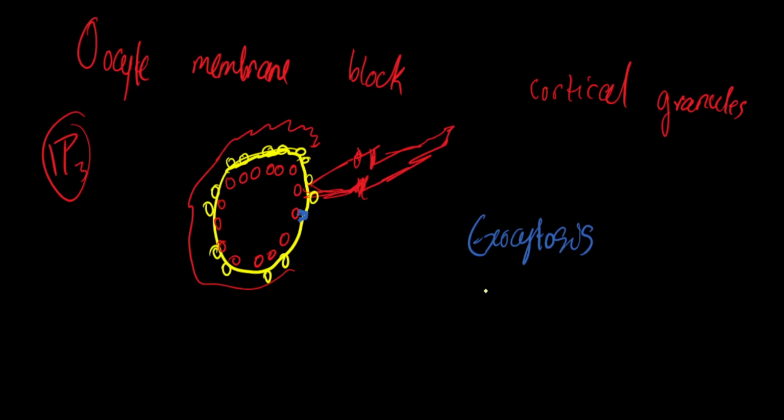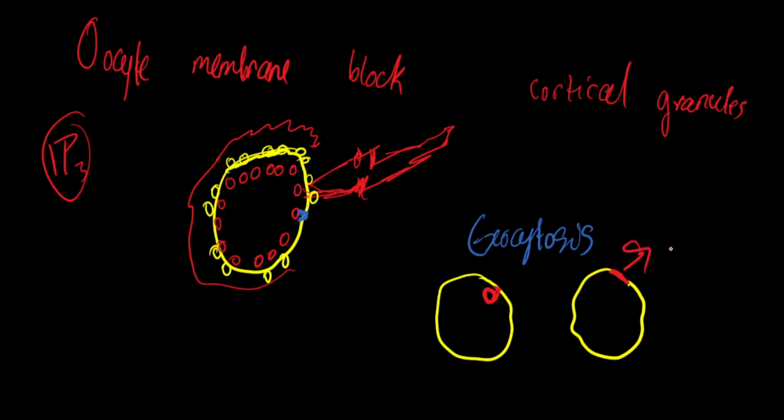This is the plasma membrane in yellow, and then we have the cortical vesicle. Due to the increased calcium liberation, it fuses with the plasma membrane of the ovum, and so we now have something that looks like this. At the site of fusion, this is the cortical granule membrane, and its content is taken out of the plasma membrane by exocytosis.